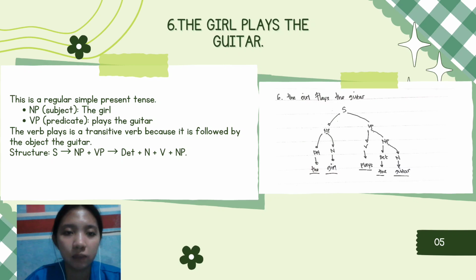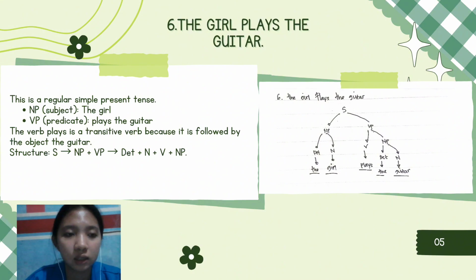6. The girl plays the guitar. This is a regular simple present tense. NP, the subject, is the girl. VP, the predicate, is plays the guitar. The verb plays is a transitive verb because it is followed by the object, the guitar.